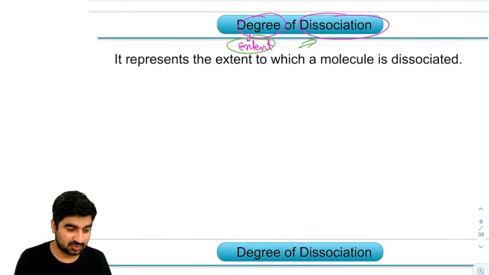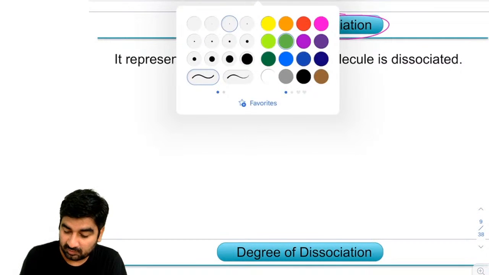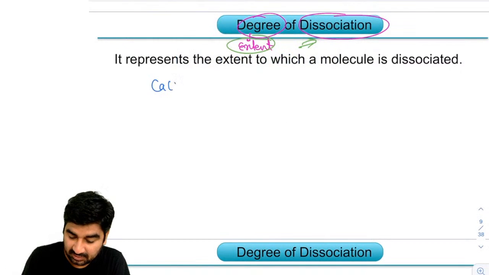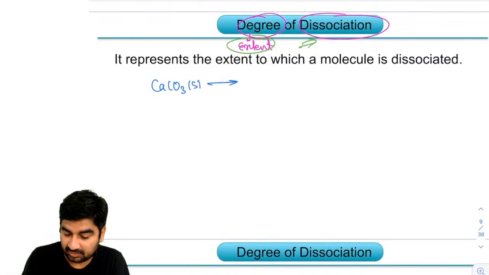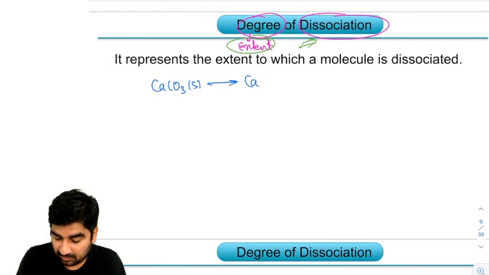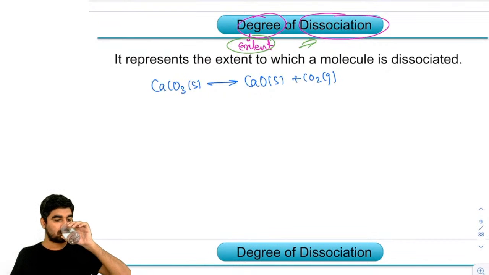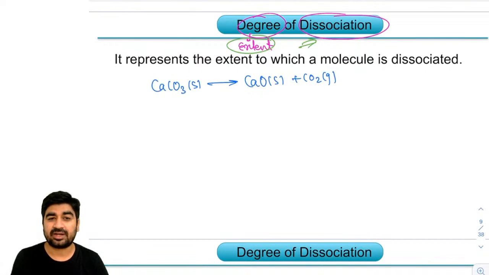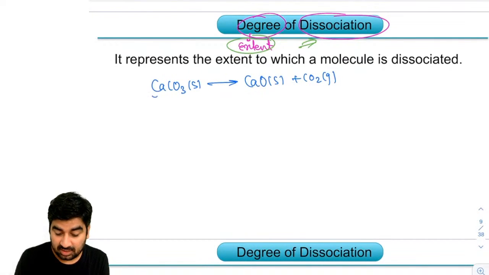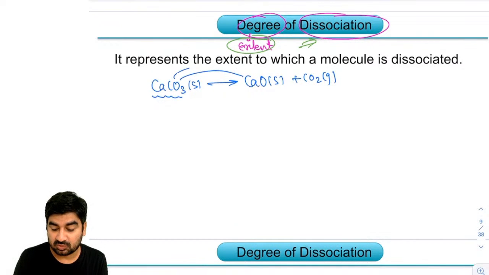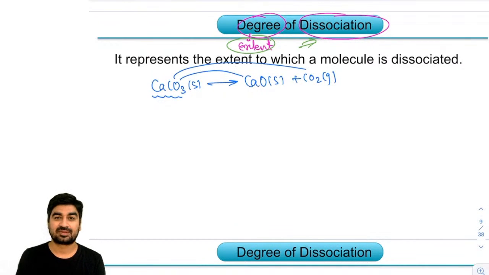Suppose I am taking CaCO3 solid and it is dissociating into CaO solid and CO2. We call it dissociation, because a large or big molecule is being dissociated into smaller ones.